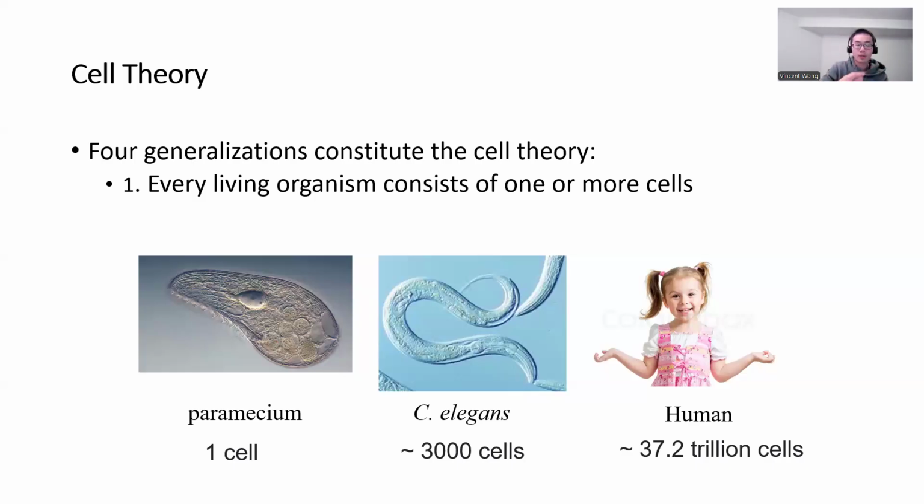One of the groups is called protists. You don't really have to know this, I'm just showing you in case you're wondering. Under protists, you have things like amoeba and paramecium. So they can be as small as a single cell.